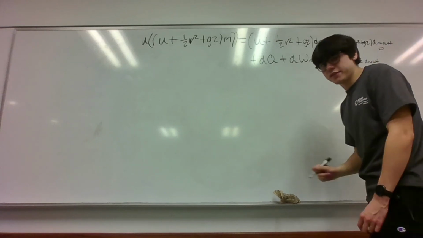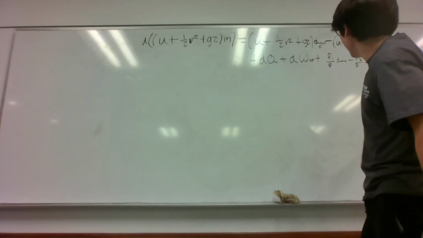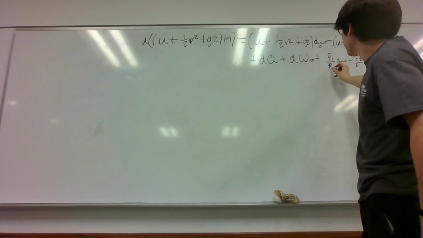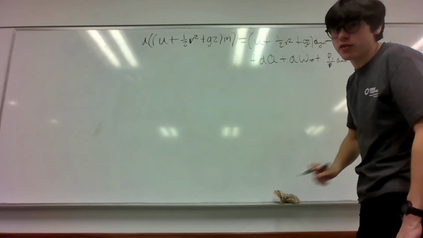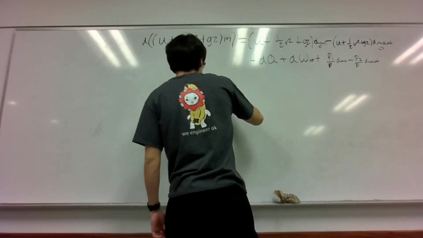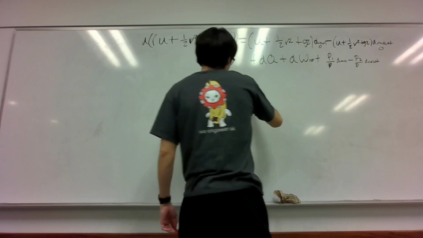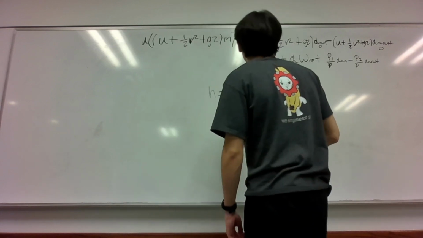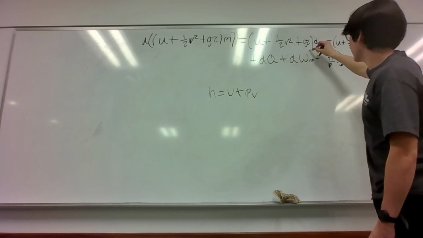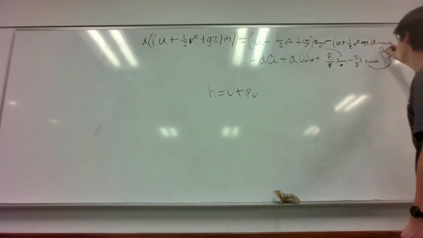Now, to simplify this expression even further, we can use the relationship between enthalpy, pressure, and internal energy, because we know enthalpy is equal to U plus PV. And since this has dm_in attached to it, we can throw it in here, and since this is dm out, we can throw it in there.